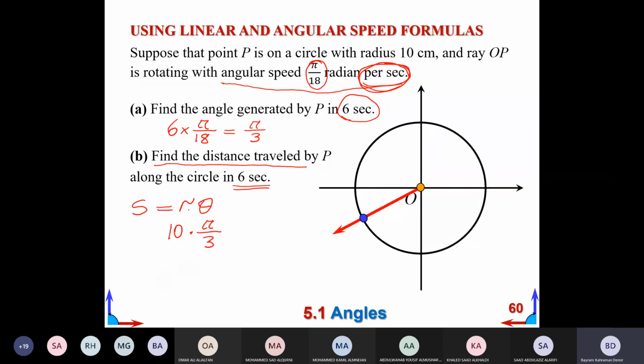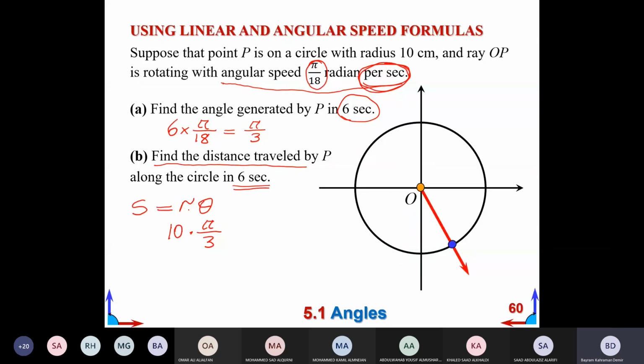If the angle is pi over 3 and the radius is 10, what is the length of the arc, Shabab? The distance traveled by the point, yani, the point is going on the arc, right?